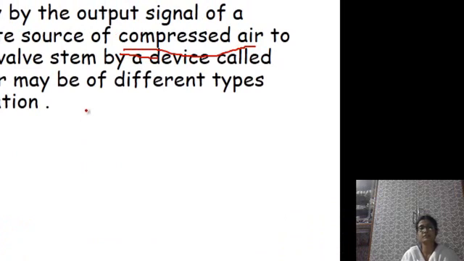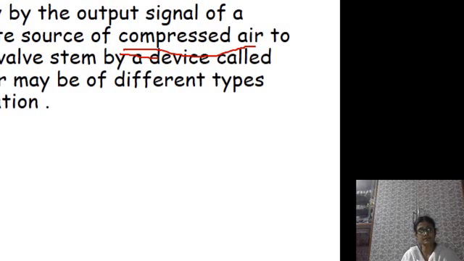The pneumatic actuator may be of different types depending on principle of operation, spring actuator or springless actuator. Again, spring actuator without positioner and with positioner. What is a positioner? I am coming to discuss the positioner, but spring actuator and springless actuator is clear now.